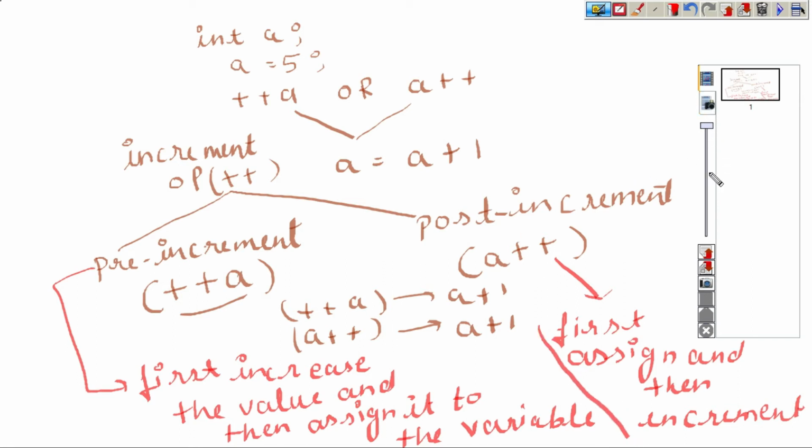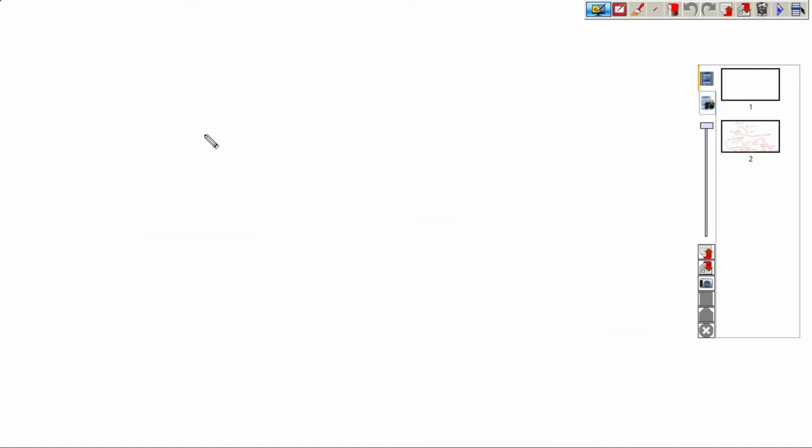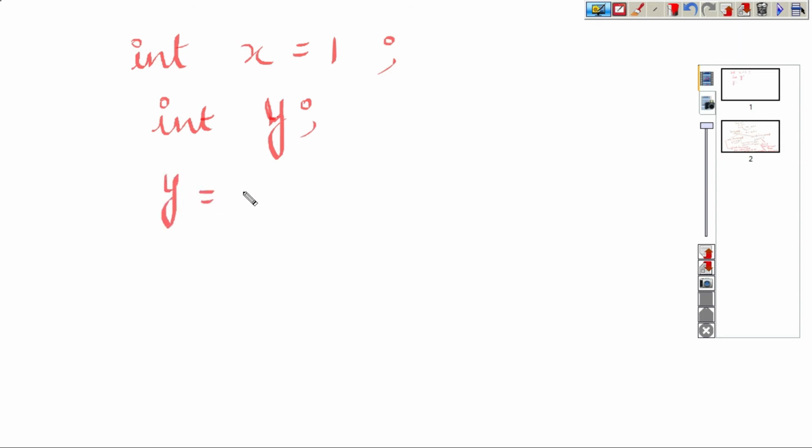How does this difference work? Let's say I take one variable x and the value of x is 1, and then I take another variable y, and I say y is equal to plus plus x. When I say y is equal to plus plus x, it means y is equal to x plus 1, because this is pre-increment.